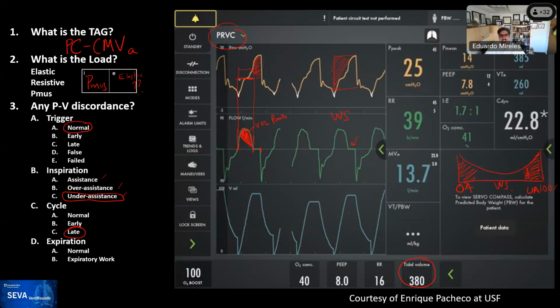So when you put several breaths, and we have a very nice example of this, you would still see all these peaks occurring, but that's the relaxation of the system. But the pressure keeps going down and down because the patient is doing all the effort. So in reality, the algorithm is trying to pressurize to this level, but then the patient exhales and the pressure goes up. So without a doubt, all of this area here is the amount of pressure that the system is giving to the patient, and the patient is doing as much of that.